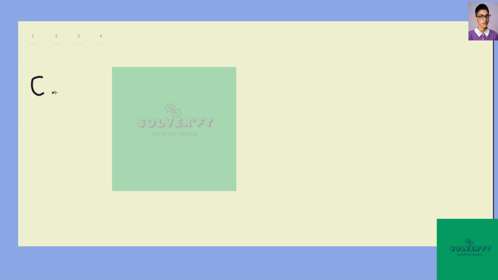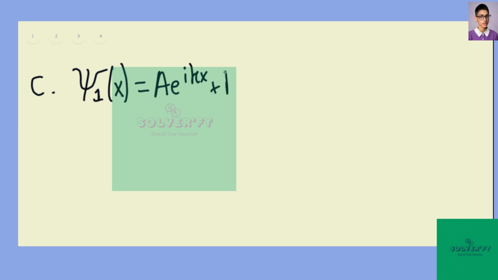To part C now, we know that the wave functions in the two regions can be written. We can say lowercase psi sub 1 of x would be equal to A e to the ikx plus B e to the negative ikx.